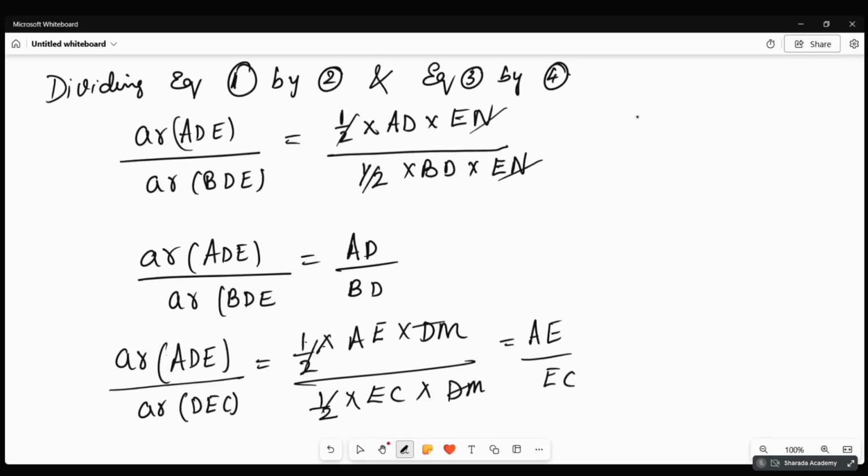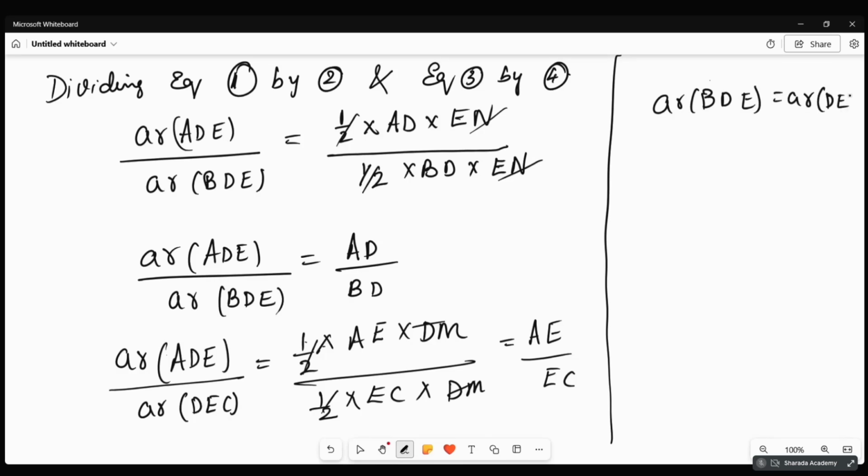Now we have area of ADE, both are same. What about area of BDE and DEC? Area of BDE is equal to area of DEC. Can you tell why they are equal? Vihan, why they are equal?